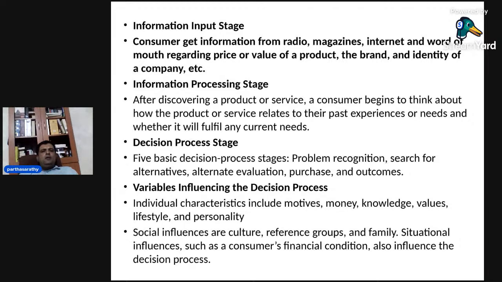So one is search for alternatives, then evaluation. Once we are presented with 4 or 5 alternatives, we don't just accept them all. So we do an evaluation of whether alternative A is good, B is good, C is good.